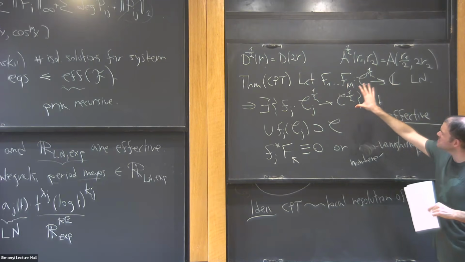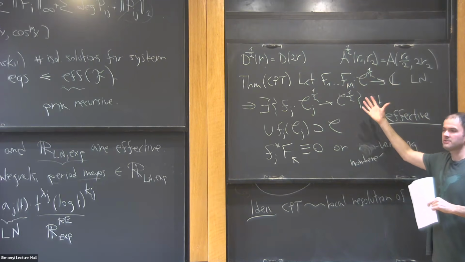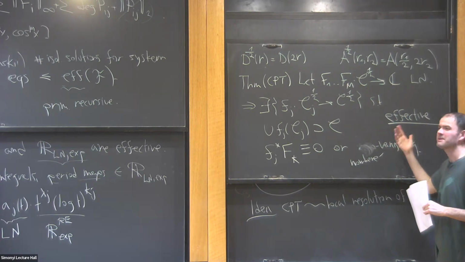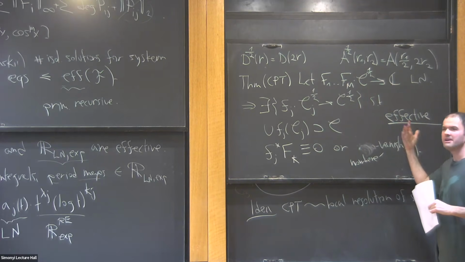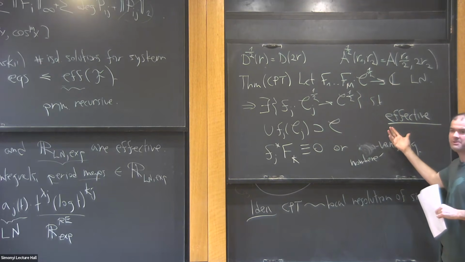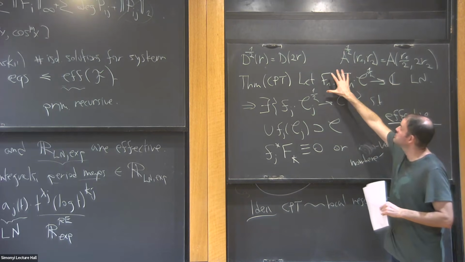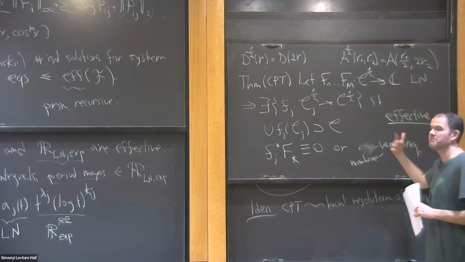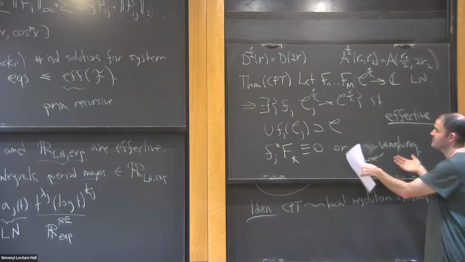So this result, if you just do it analytically, not effectively, was in my paper with Dimitri, called complex cells. And we also made it effective and even sharp in the algebraic case. So if these are all algebraic, then we can show that there exists such a cover, and even it's a polynomial number in the degree of cells.